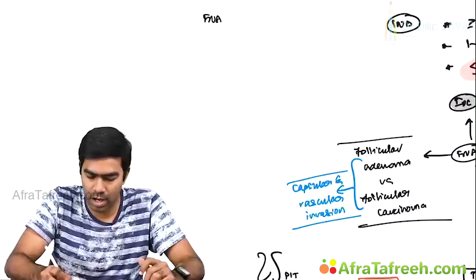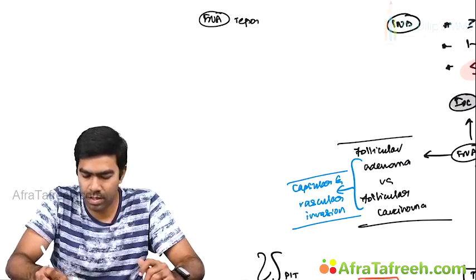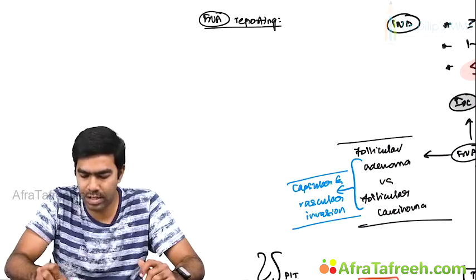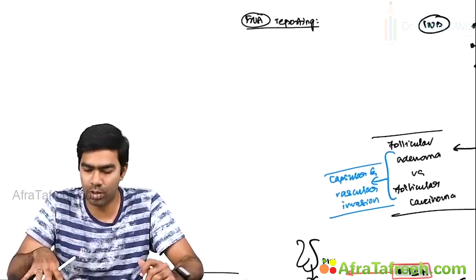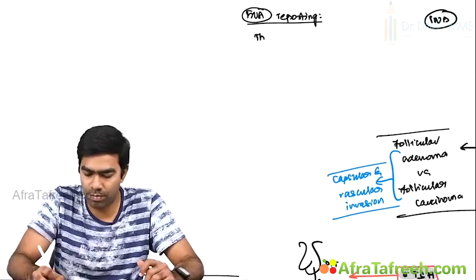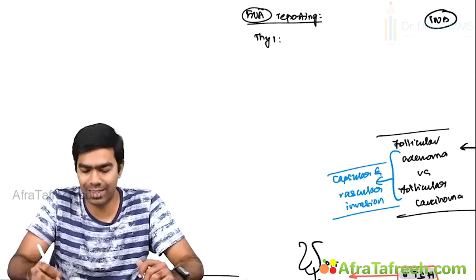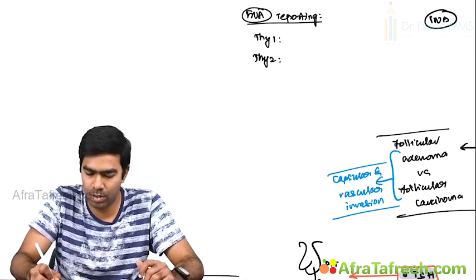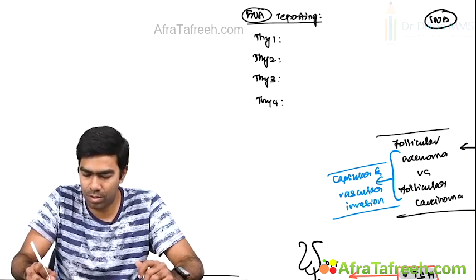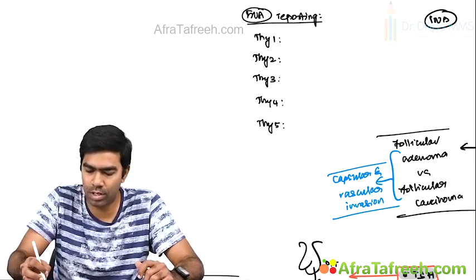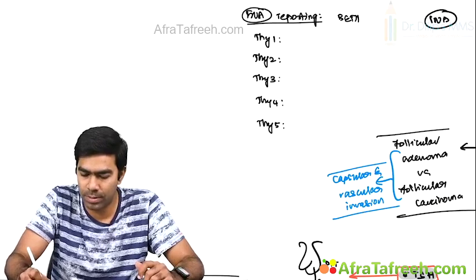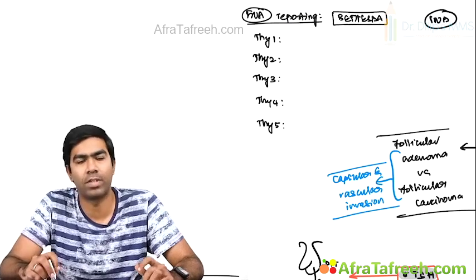Now let us see how the FNA will be reported. Results in FNA will be reported in the form of 6 categories, that is Thy1, Thy2, Thy3, Thy4, Thy5 and so on. This system of reporting is what we refer to as the Bethesda system or Bethesda classification.